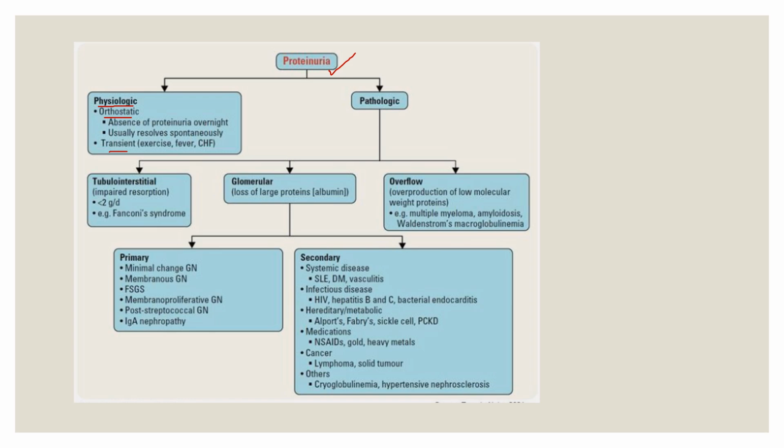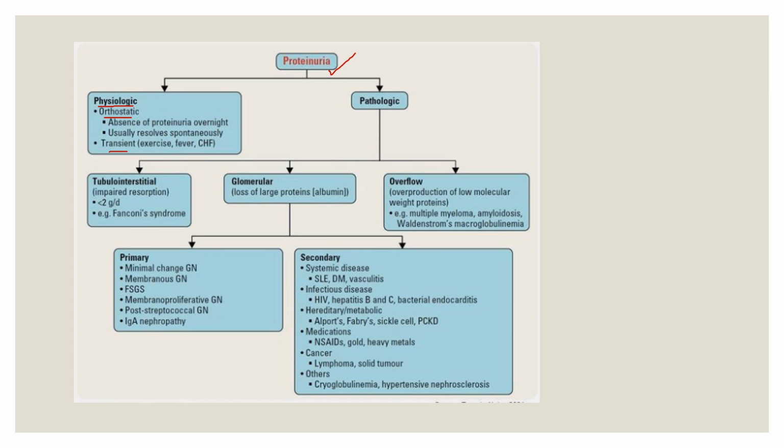What you do is you collect an early morning sample of urine and check for protein, and if it is negative in 3 consecutive samples, you rule out any organic cause, and it is orthostatic proteinuria. Transient is again with exercise, fever, and heart failure, and it also goes away on its own.